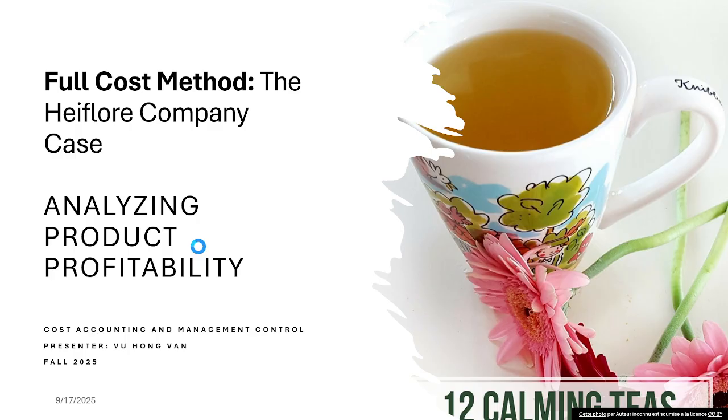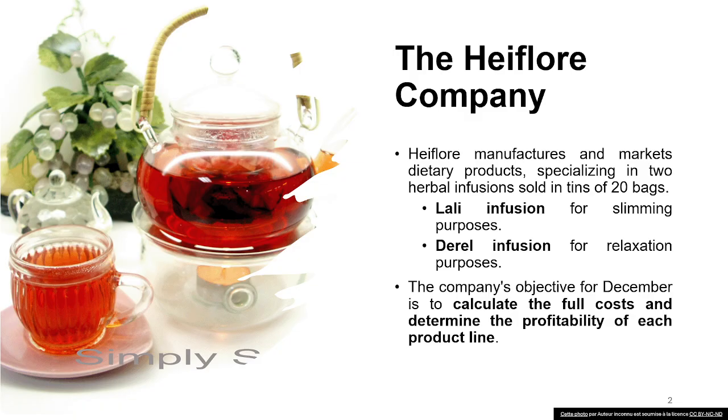This is the first video about the correction of the exercise in regards to the full costing method, the Hayflow company case. In this video, we will discuss the company. Hayflow manufactures and markets diet products.